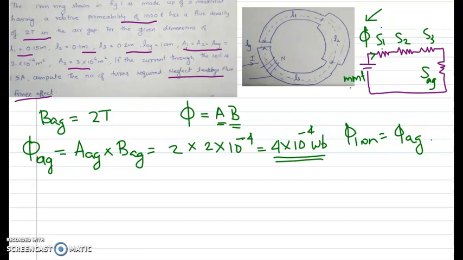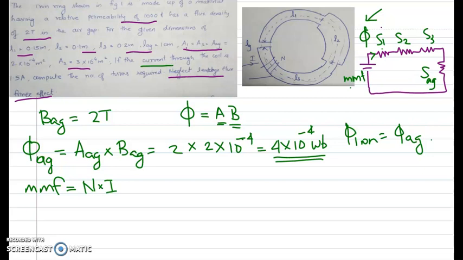So effectively you can write the MMF, which is nothing but N into I. You are asked to find the number of turns, and the current is already given.